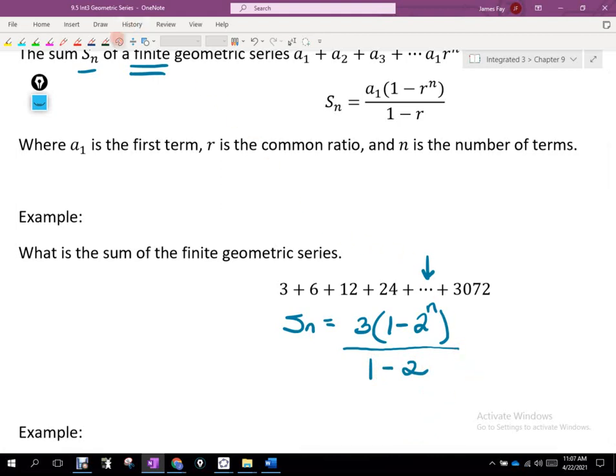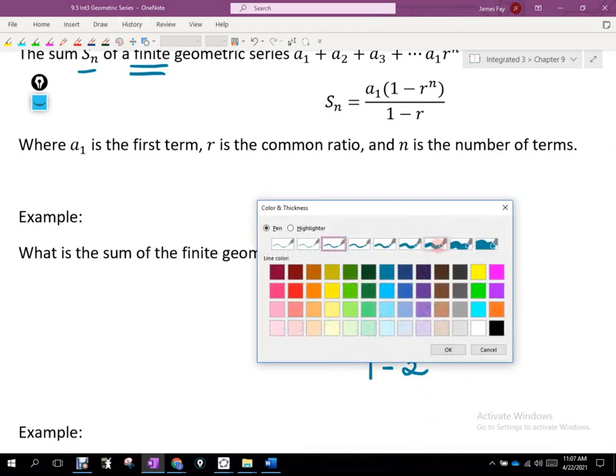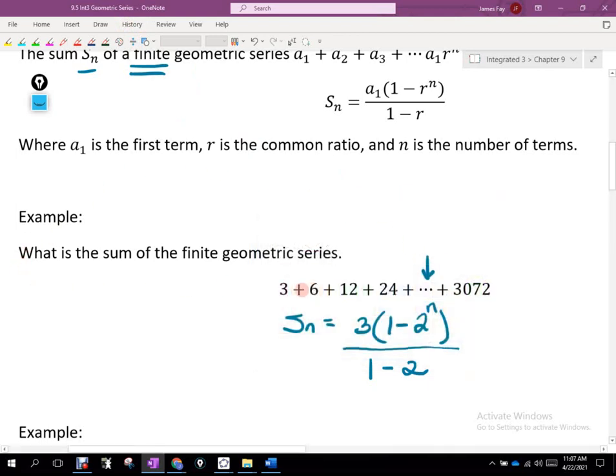In order to find n, we need to know it's a geometric sequence. So this thing here is developed by a sub n is equal to a1 times r to the n minus 1. Would you guys agree that that is your nth term?